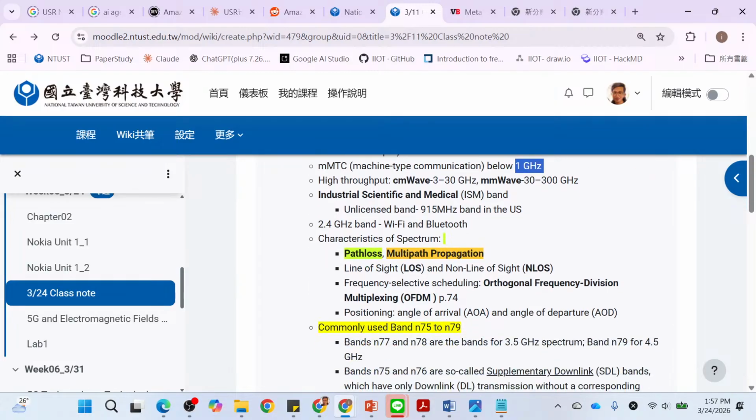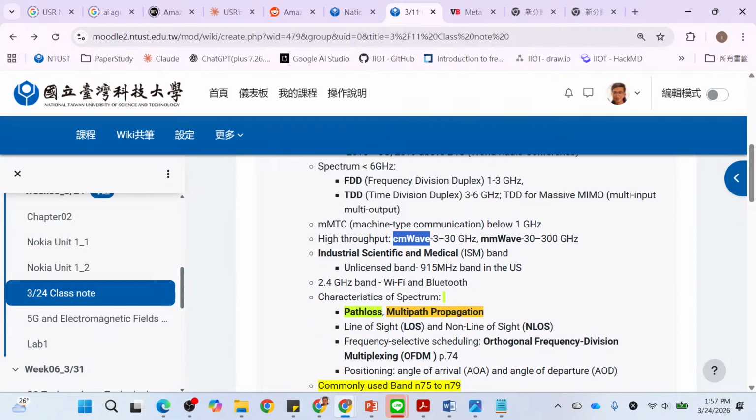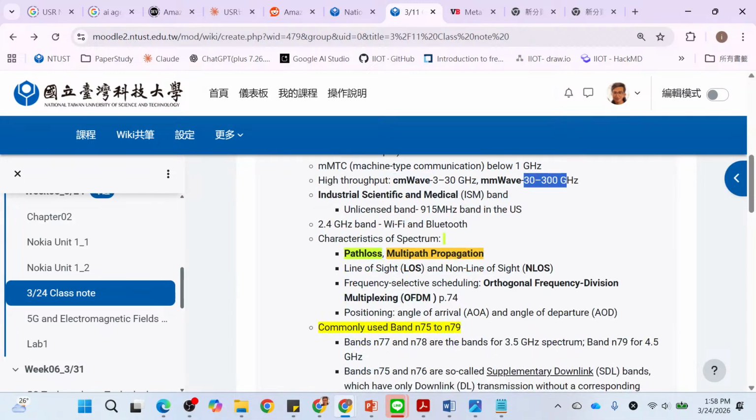And we know for high speed data throughput, we have to consider using centimeter wave. For even higher data throughput, we have to use 30 to 300 gigahertz. It will be very high, so it's much easier to lose the data.